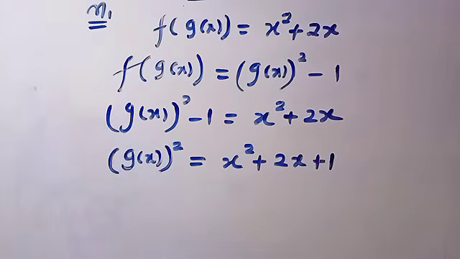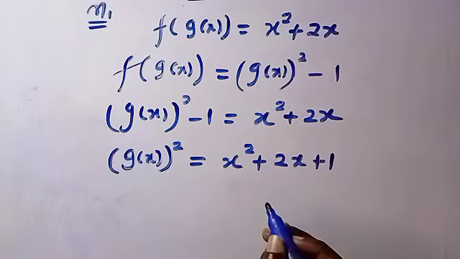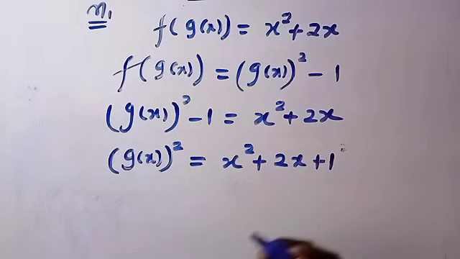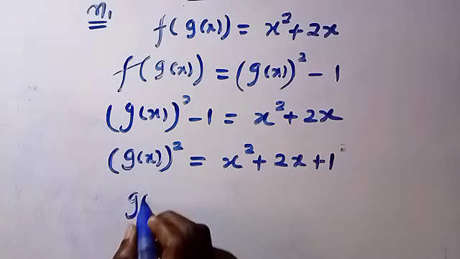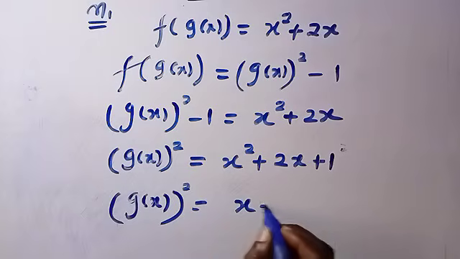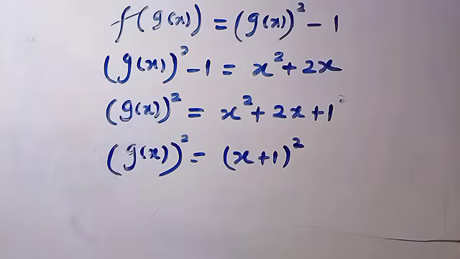And this can be rewritten as x plus 1 squared. So we have everything as x plus 1 squared. And therefore we have g of x raised to power 2 equals x plus 1 raised to power 2. Now just take the square root of both sides. And anytime we are taking square root, we have plus or minus attached.